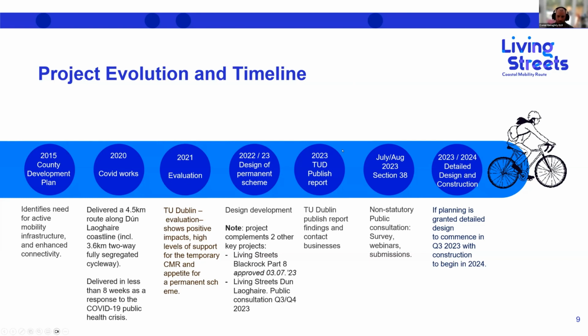In mid-2023, TU Dublin published their third study, and we've taken those recommendations, as I mentioned already, and proposed this non-statutory consultation. Looking towards the future, if this scheme is to proceed, we will be looking to do detailed design towards the end of this year, with construction next year.